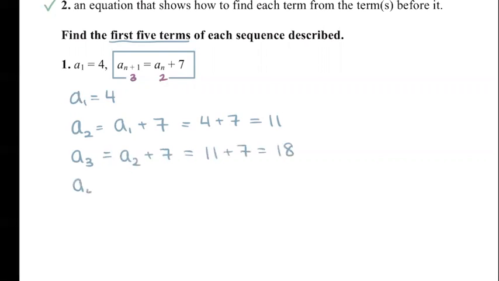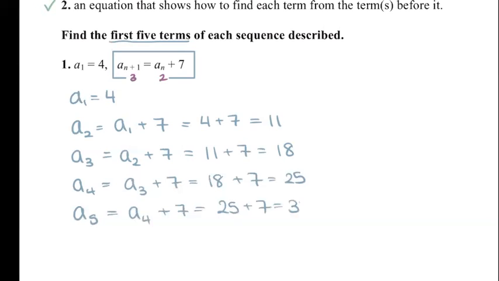Hopefully by then you start seeing the pattern. So a sub 4 is the previous term, a sub 3, plus 7. So that's 18 plus 7, which is 25. And a sub 5 is the previous term, a sub 4, plus 7. So 25 plus 7 gets you 32.